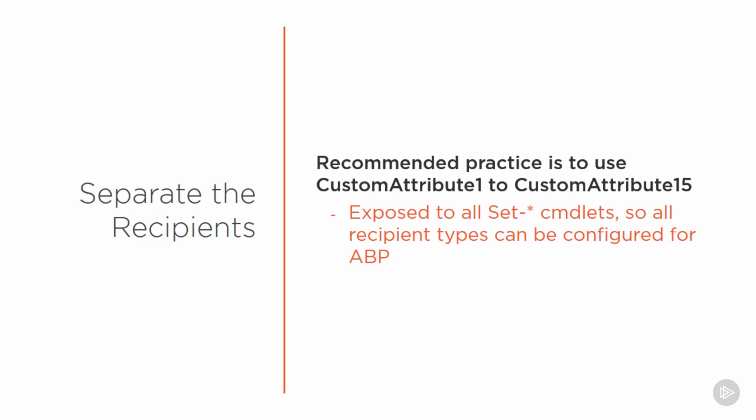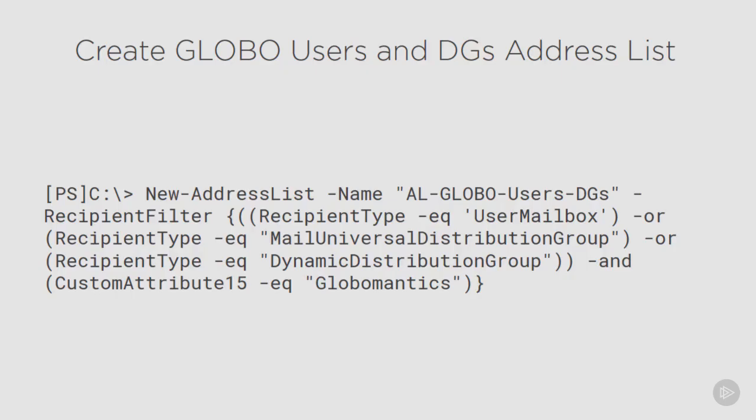So all recipient types can be managed and configured for address book policies. If you were to try and base all the address book policies off another attribute, such as company, you would find that the commandlets do not always support filtering by that attribute. So there's some setup involved.